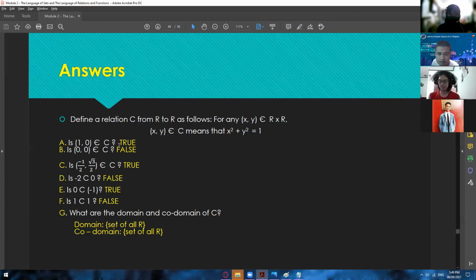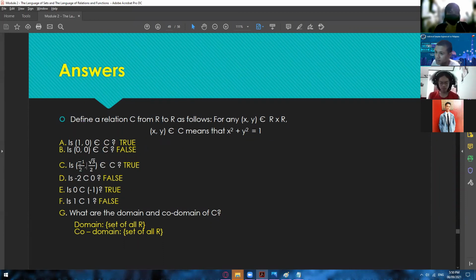Then do the same on the other ordered pairs or other relations. Any other concerns? Sir, how did letter C become true? You just use your calculator.